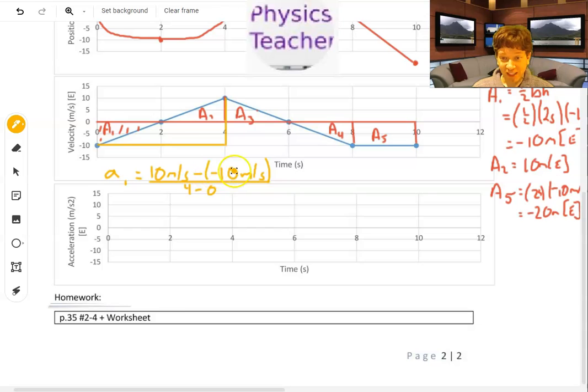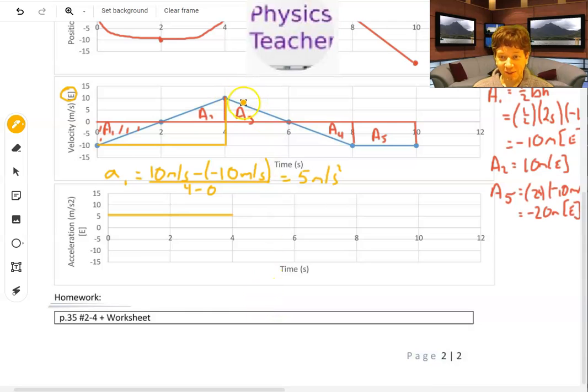So 10 plus 10 is 20. Divided by 4, we get an acceleration of 5 meters per second squared. Notice that it's positive, because that's telling us then the direction is east. Okay, and it's constant too. So we just write a horizontal line at 5 for the first 4 seconds.